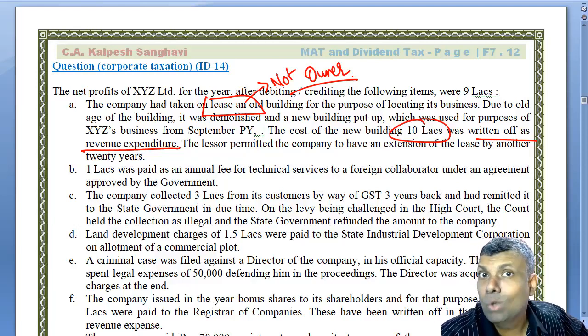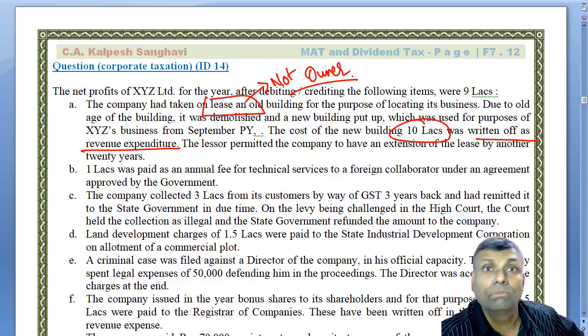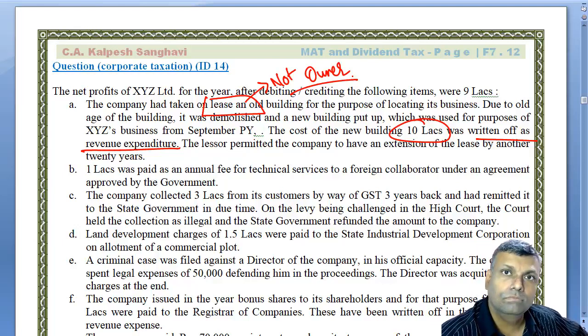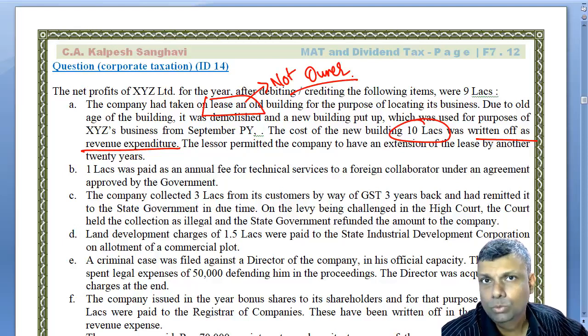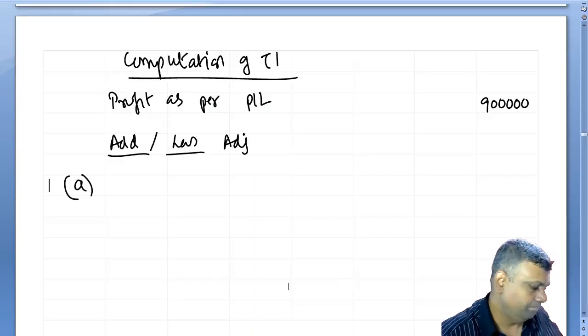That means it is not owned by the assessee, but we call it a deemed building and you get a depreciation. You capex it, and you get depreciation also from the tax law point of view. In the books, you may do whatever you want. So we have to write all these views and then follow one. Come on, start with the answer quickly.